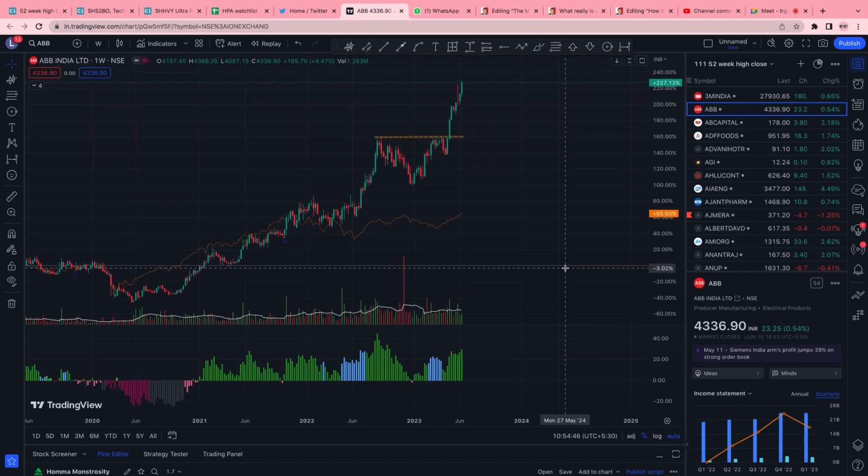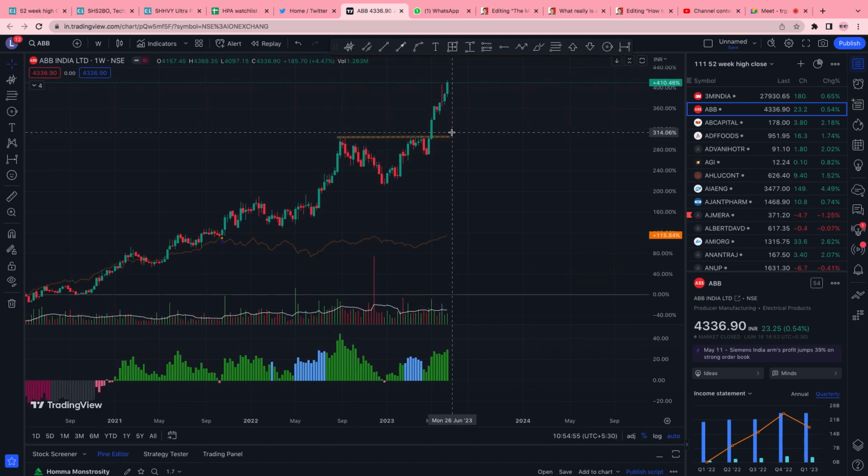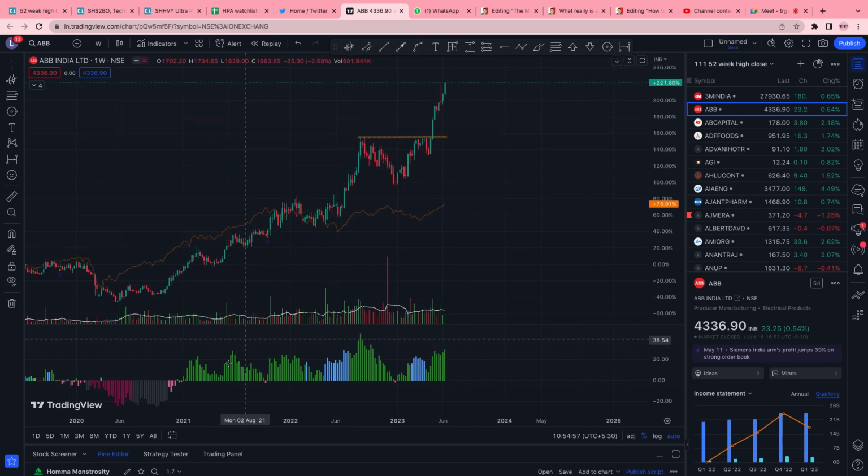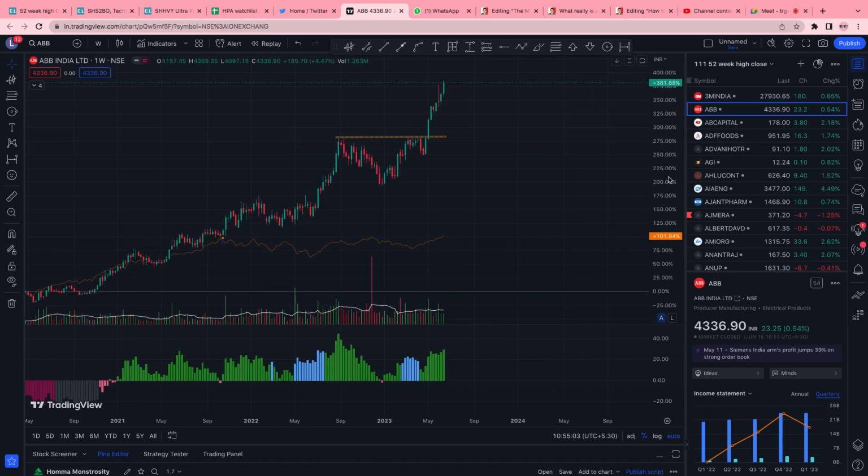So you see that ABB India is already broken out of this kind of base even before the indices broke out. And this outperformance has been visible for a long time. So looks good. I think this is from the industrial sector, right?